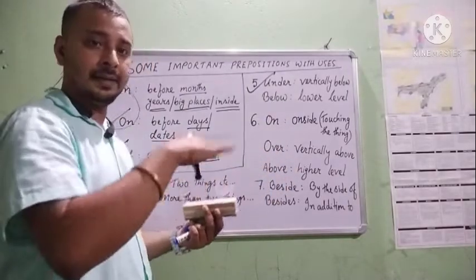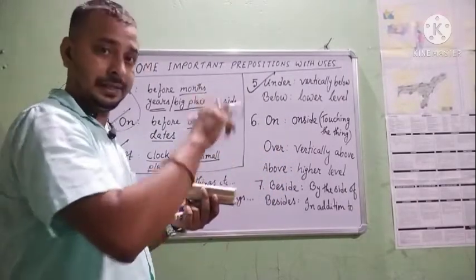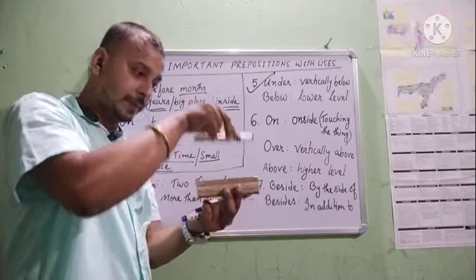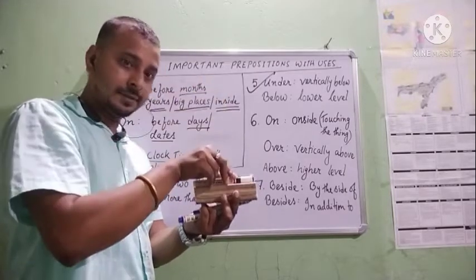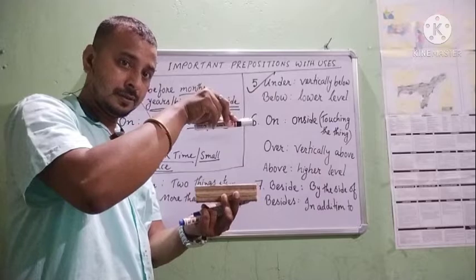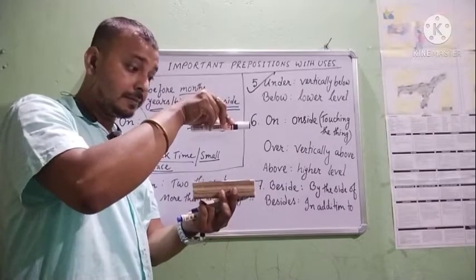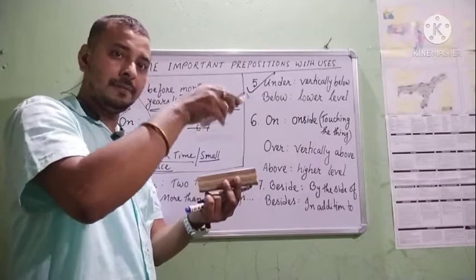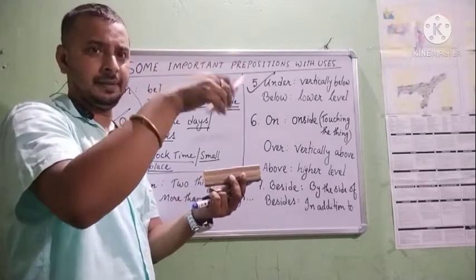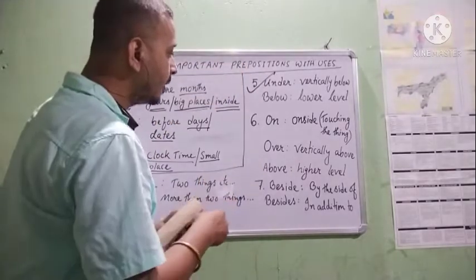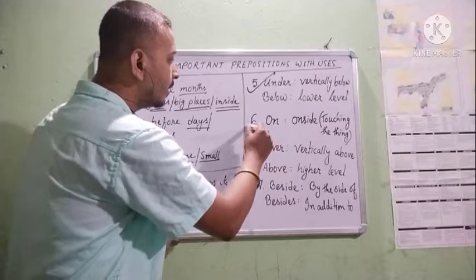Above is just higher level. It does not mean vertically above, but over means vertically above, direct straight above. On means direct contact. Over means not contact, but vertically above. And simply above means at a higher level, not vertically. So this is on, over, and above.